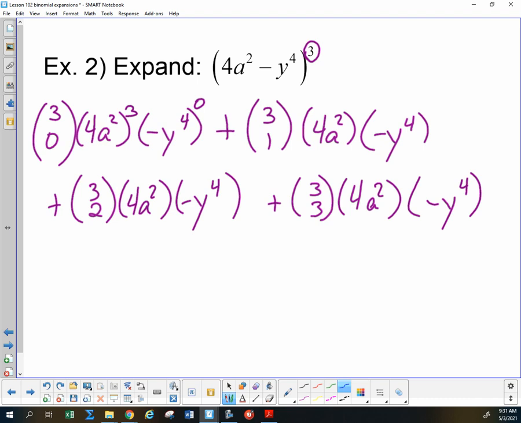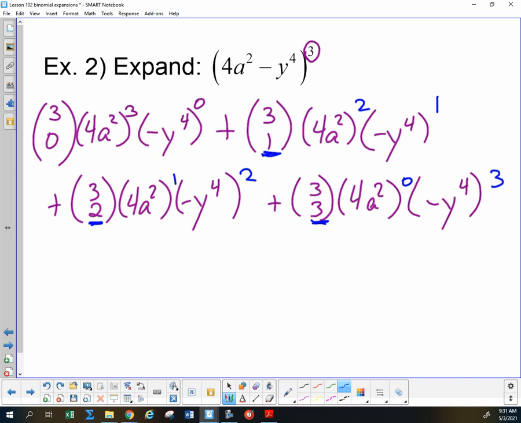If I have a 1 down here, I need a 1 over here. They still have to add to be 3, so that means I need a 2. I have a 2 here, my last exponent is a 2. They still have to add to be the original 3, so a 1. And if I have a 3 here, the last one matches that.